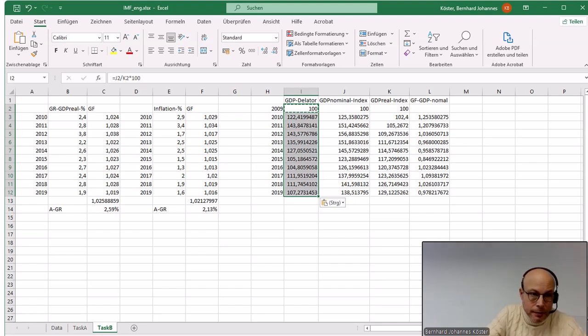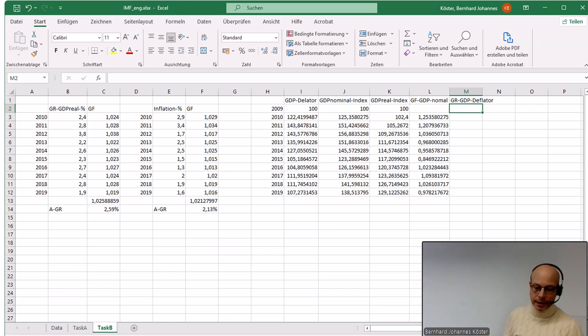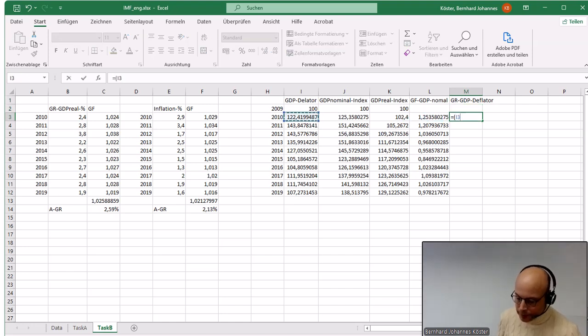Now I need the growth rates of the GDP deflator. This is again 2010 minus 2009 over the starting value 2009. This we have done 4 times already.